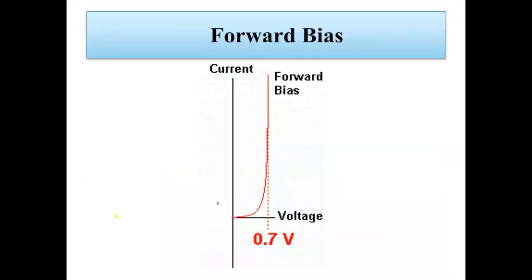And for forward bias, with the increase of voltage, we have current. If the voltage is 0.7 volt, then we have saturation of current, and for forward bias we have current very easily.